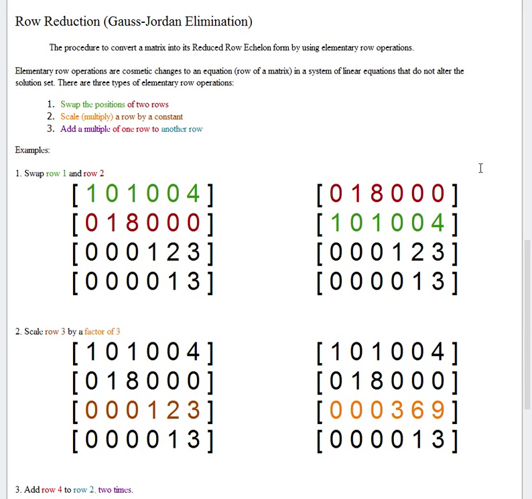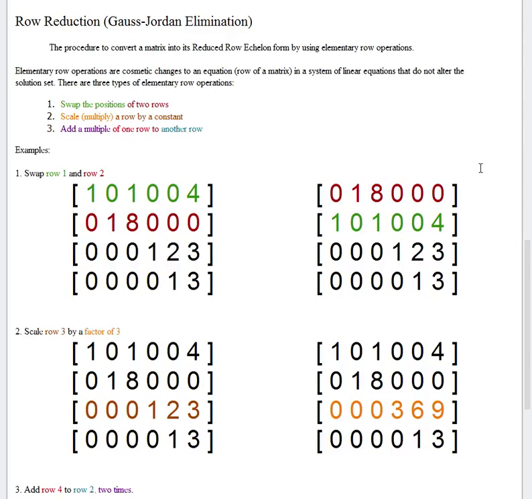That's our objective. And the way we go about it is we're allowed to use 3 types of operations called elementary row operations. What our matrix is representing, in the case of linear algebra, we can use it to represent a system of linear equations.